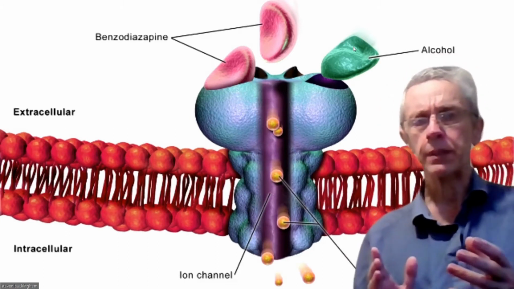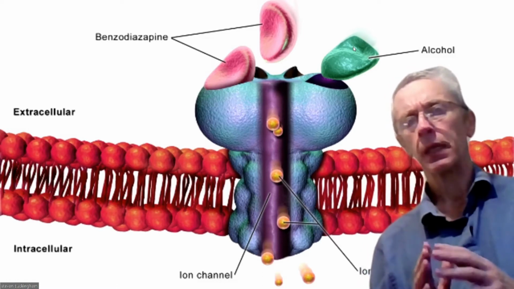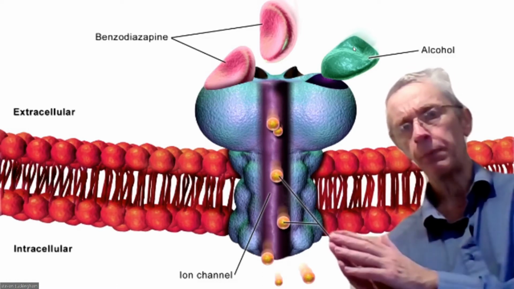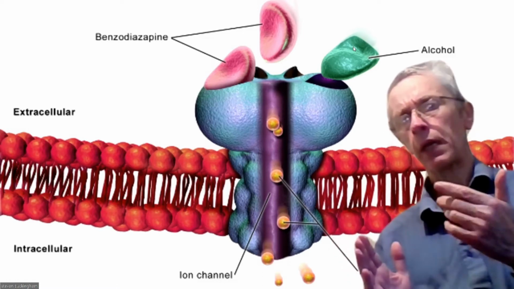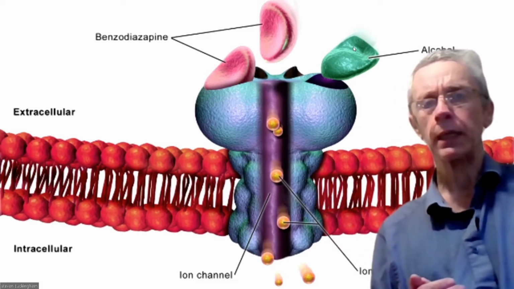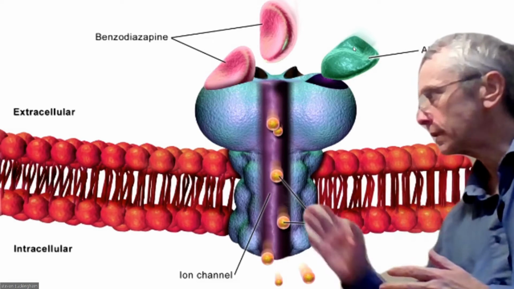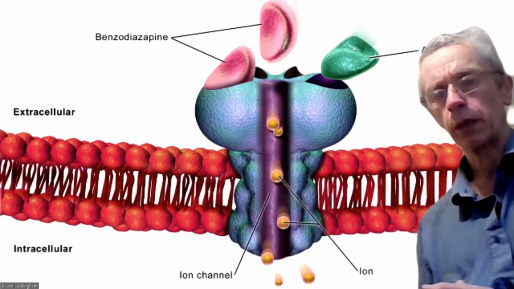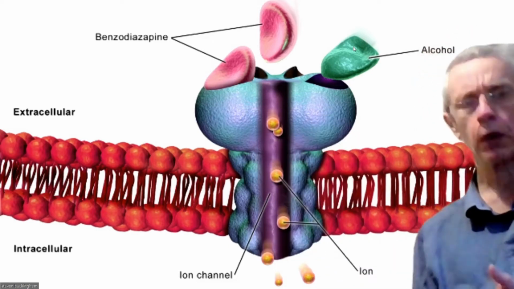But GABA receptors are quite complicated because in addition to the GABA binding site, they also have a number of other binding sites as well. So one of these is benzodiazepines, as you can see here. There's also alcohol.